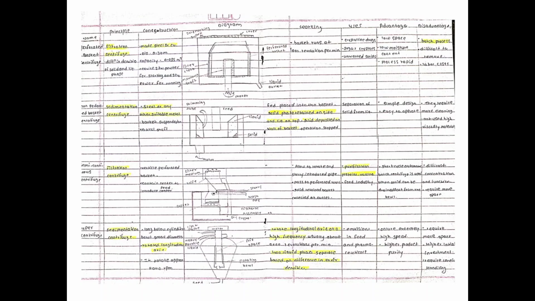Next, classification based on scale of use: laboratory use, commercial scale, batch type, semi-continuous, continuous. The perforated basket centrifuge is a filtration centrifuge that separates solid and liquid phases, and the equipment is made of steel.